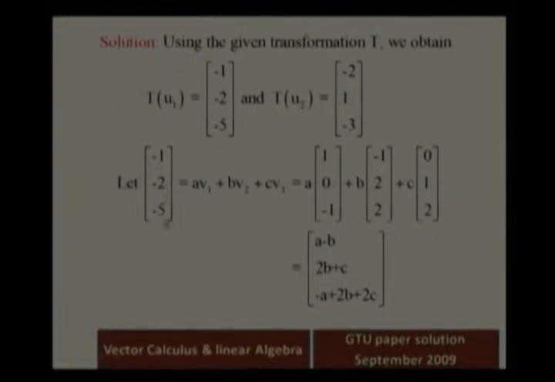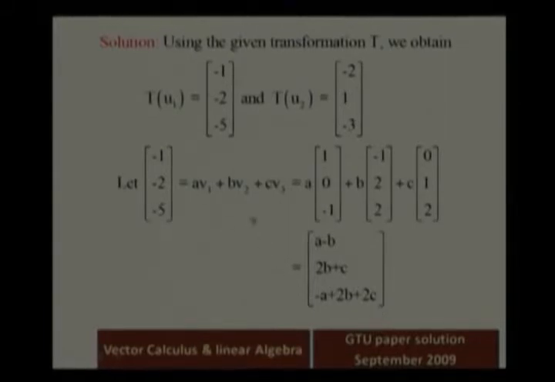That is equal to a v1 plus b v2 plus c v3, which is a into (1, 0, -1) plus b into (-1, 2, 2) plus c into (0, 1, 2). So that is equal to a minus b, 2b plus c, and minus a plus 2b plus 2c.